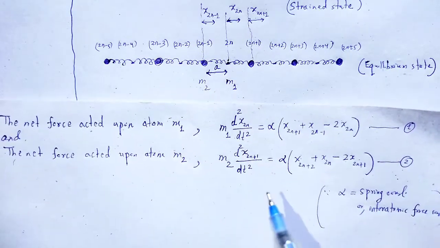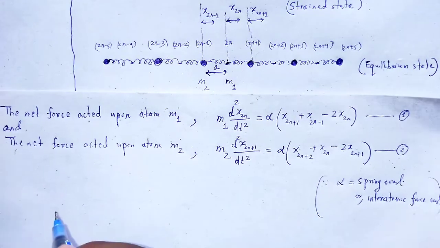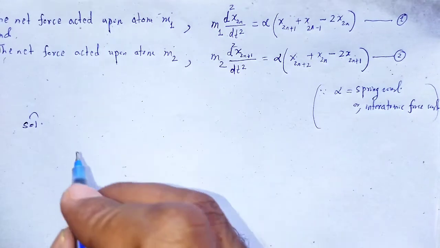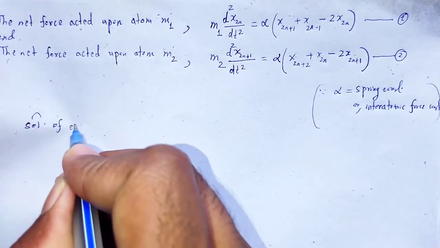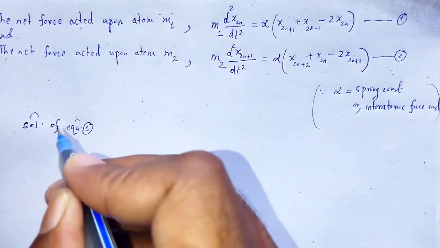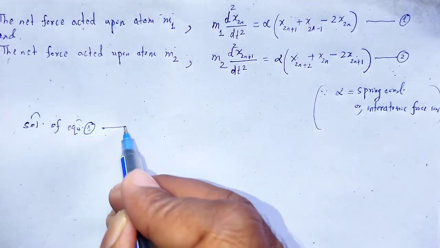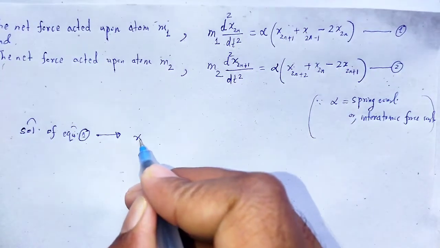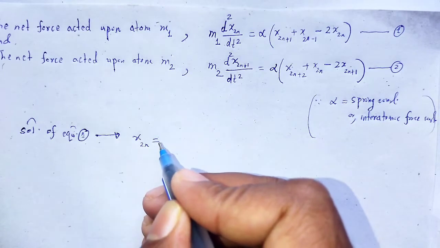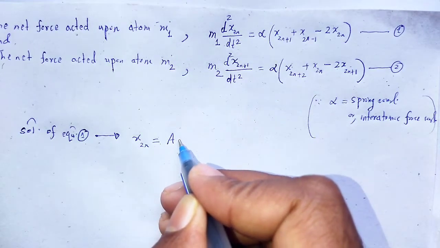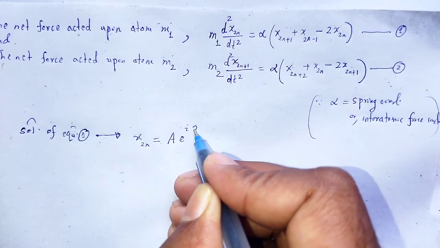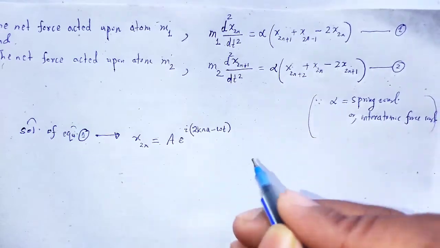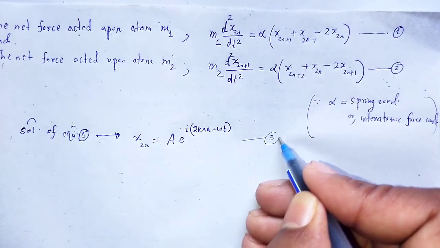And the solution of equation 1: x₂ₙ is equal to A e to the power i(2kna − ωt), equation number 3.